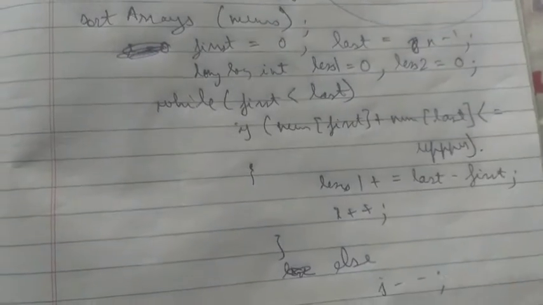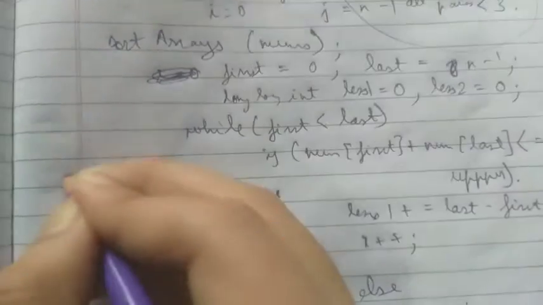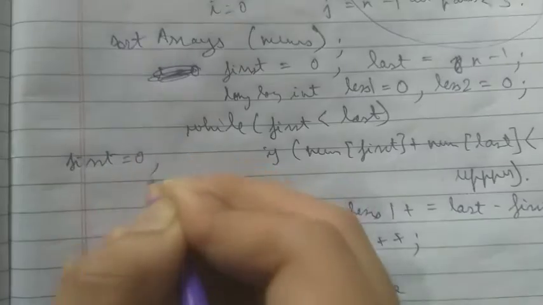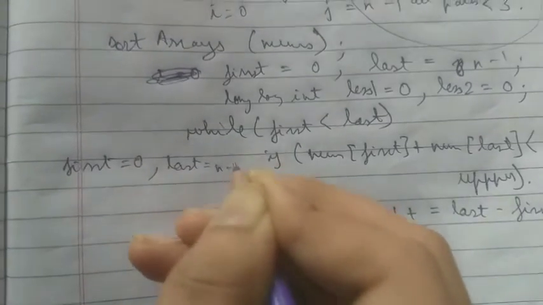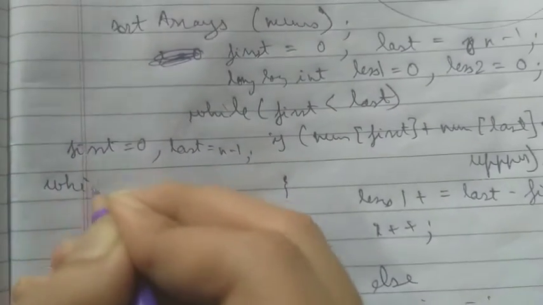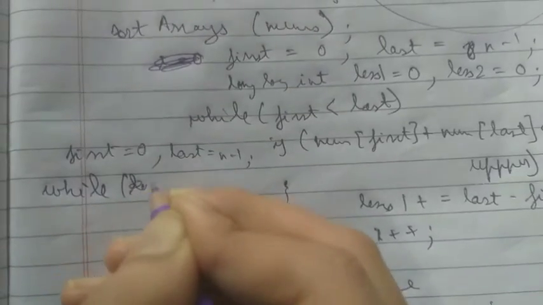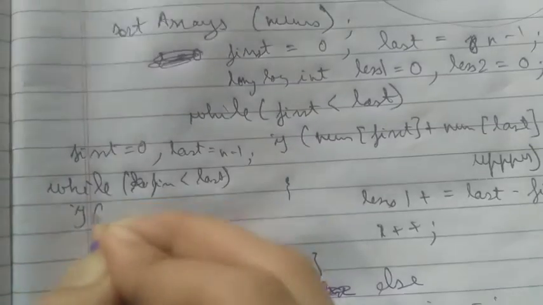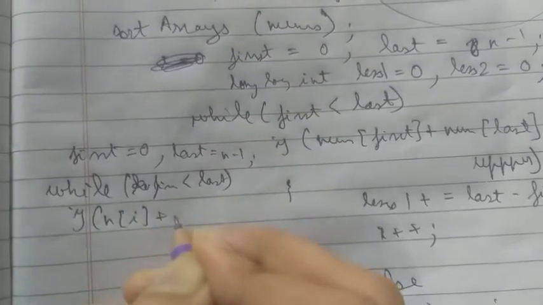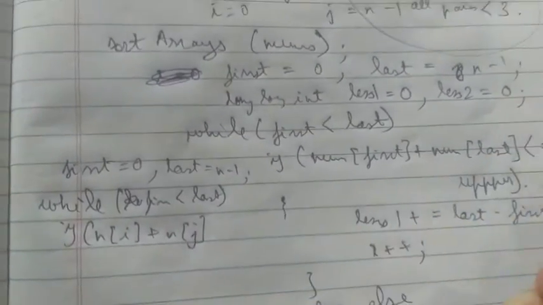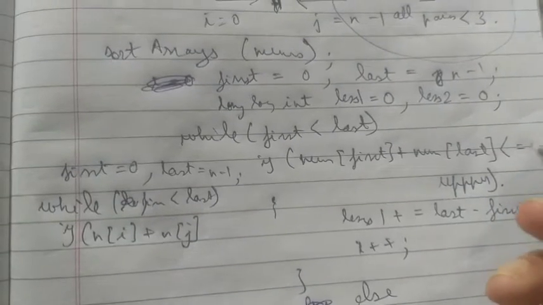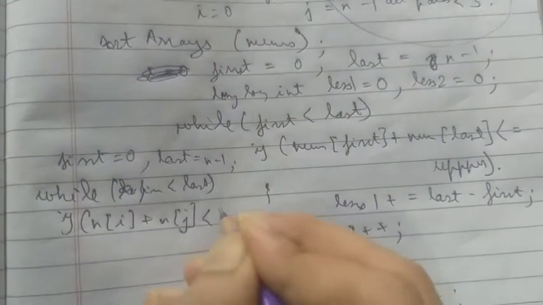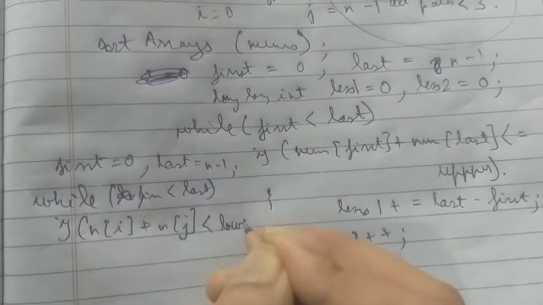last minus minus. Similarly, again make first equals 0 and last equals n minus 1, and repeat the whole thing while first is lesser than last. Okay, if nums of first plus nums of last, previously it was lesser than equal to upper, now it will be lesser than low, or lower, whatever it is.